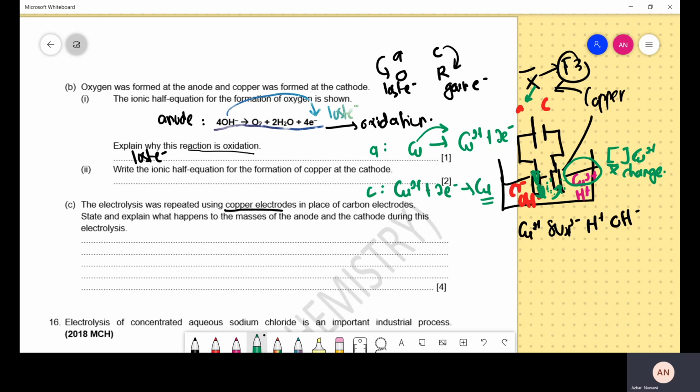State and explain what happened to the mass of anode and cathode. We already discussed: the mass of the anode decreases. You need to mention what happened first. Decrease, because the copper electrode ionizes in the electrolyte.